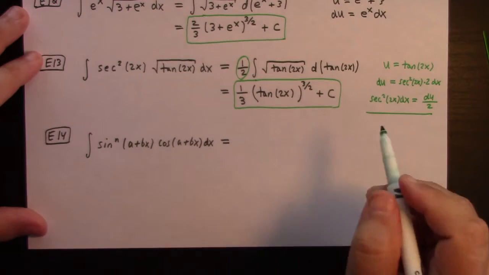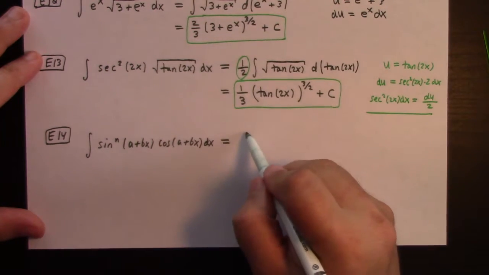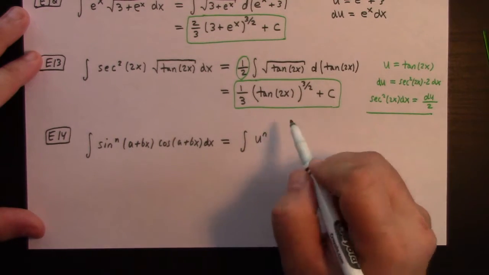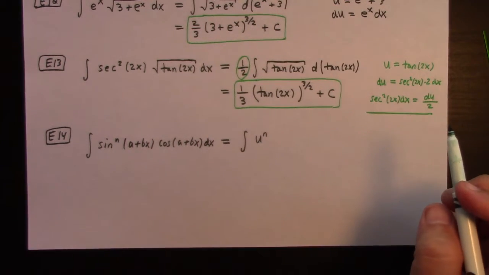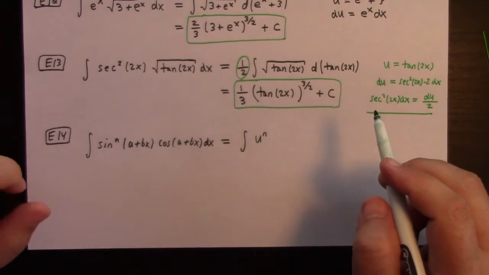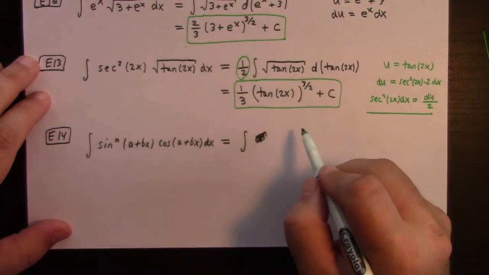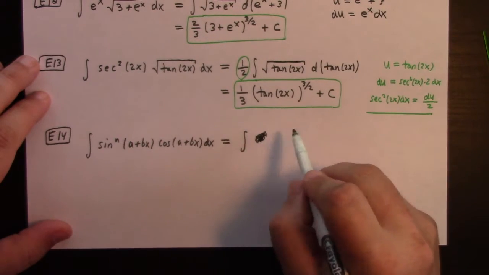All right, so what we're going to do here is rewrite this as the integral of u to the n. No, excuse me. First and foremost, this is going to be a two-stepper. It's our first two-step problem.